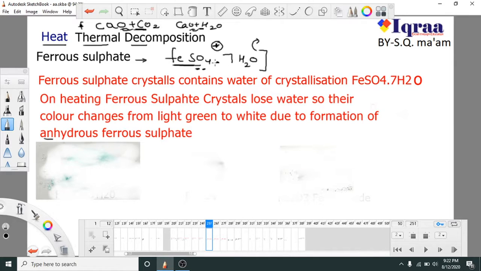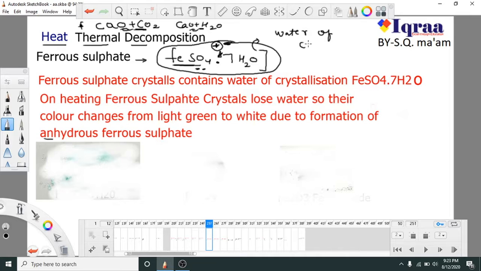But here we are writing a dot, or sometimes we can use the sign of a star. It means that water is not going to react with ferrous sulfate, it has already reacted, and now they are together. So the water which helps ferrous sulfate to make its crystalline appearance is known as water of crystallization.